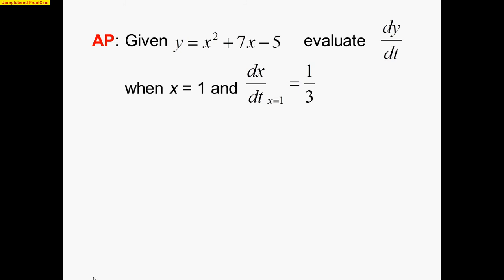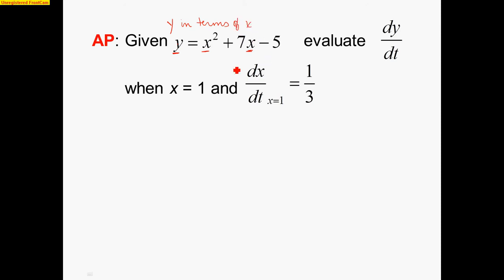AP is going to test you on parametrized equations, and could test you by giving you the equation in rectangular form, right? You don't see the t in here. This is y equals x squared plus 7x, right? This is y in terms of x.